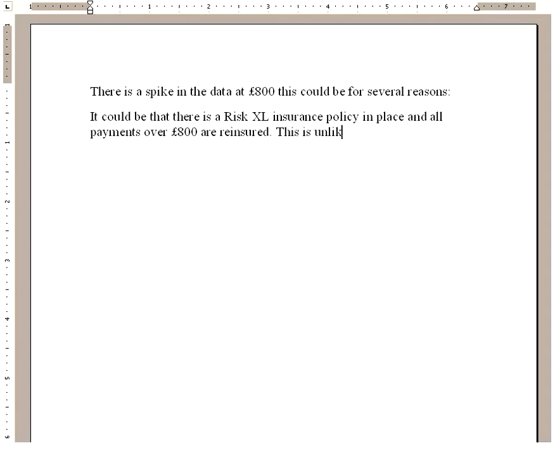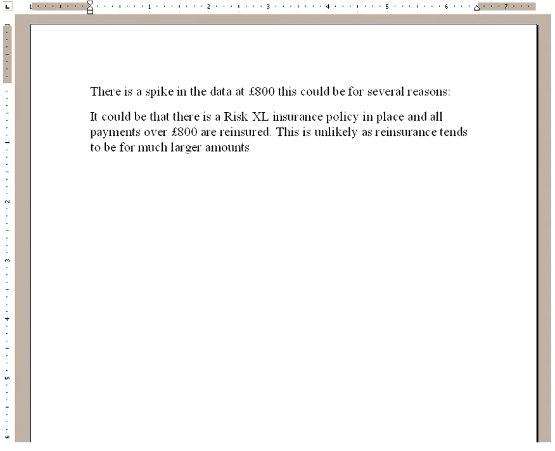This is unlikely as reinsurance tends to be for much larger amounts.